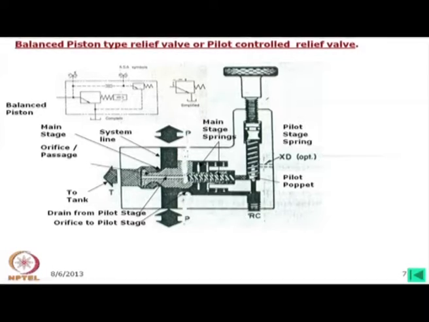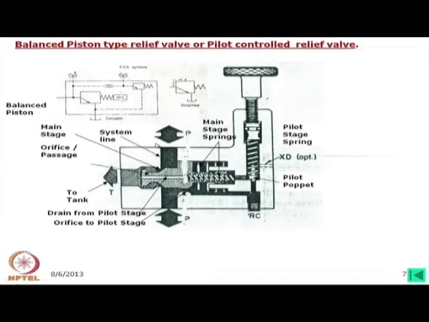Imagine this is circular, and from this diameter it steps down here, and this is a cone, and then this diameter is increased to this. And here on this poppet there is a hole, an orifice.